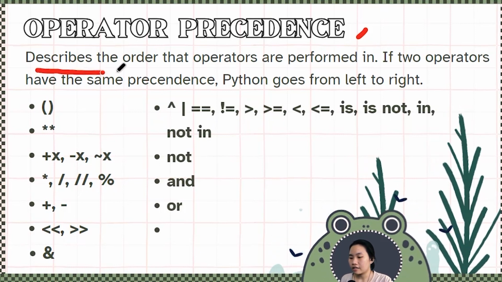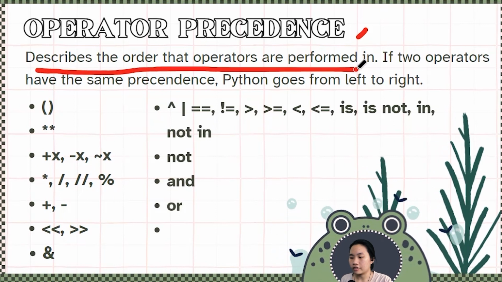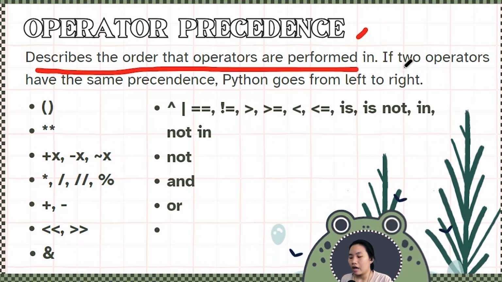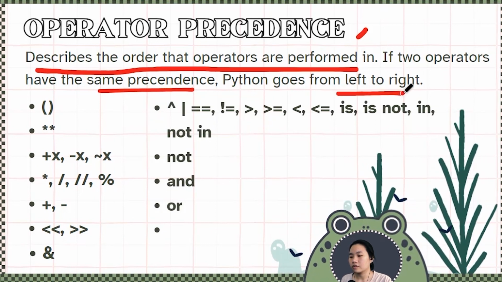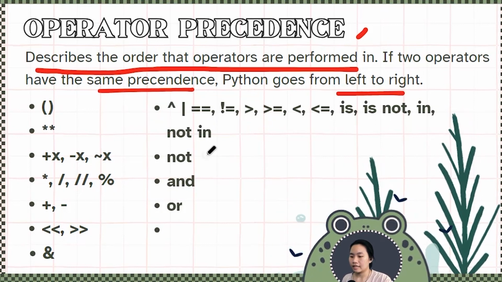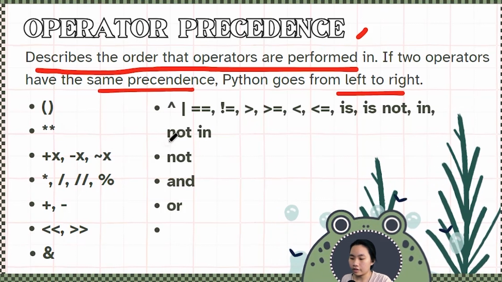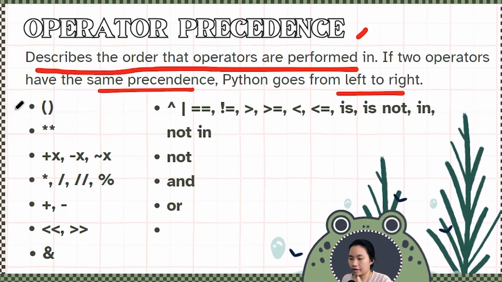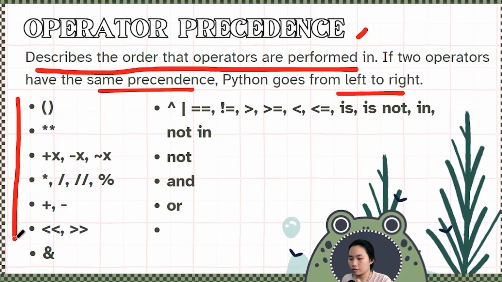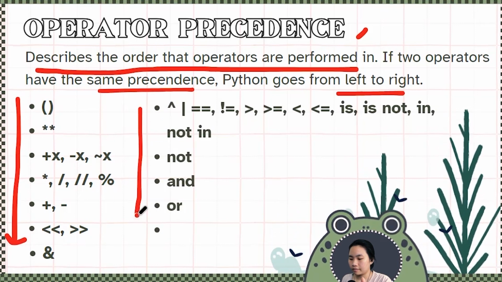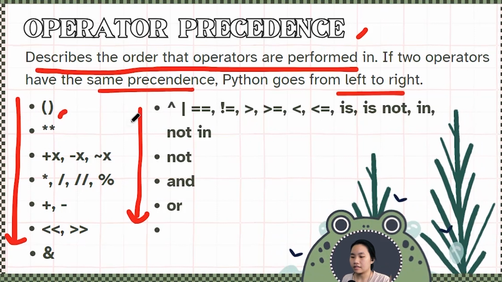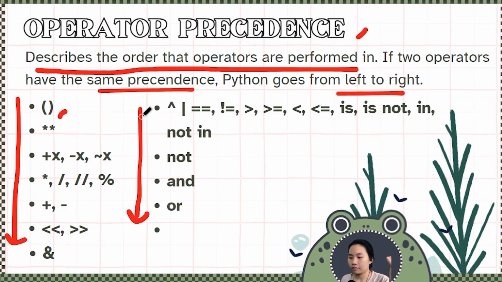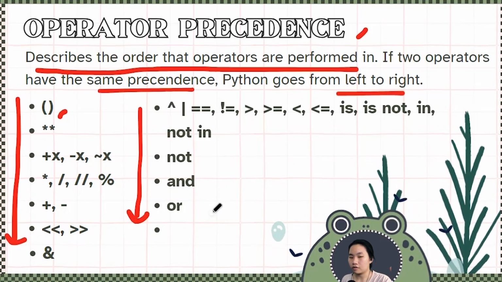As I've said here, it describes the order that operators are performed in. However, if they have the same precedence, Python goes from left to right. Since I cannot fit all of the operators in one line, I've divided them, but basically it goes top to bottom, okay? The parenthesis is the one with the highest precedence, and it just all goes downhill from there.